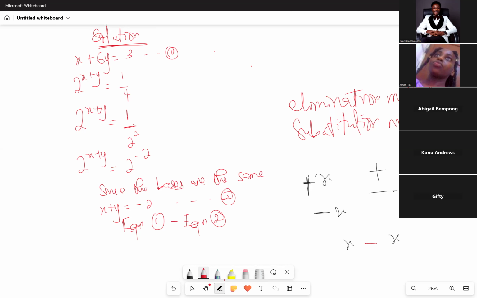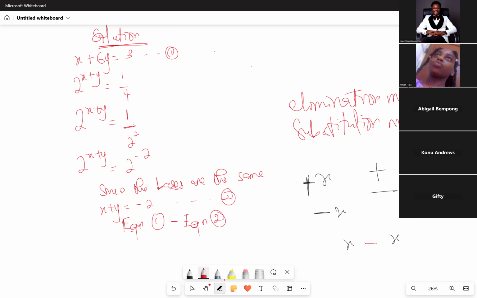We notice that the one that bears the same coefficient is x. To make it 0, subtract. So that's why you see subtraction here. And the subtractions too, I told you to do it in a wise manner. Well, you can do it anyhow, but if your algebra is not good, your integers, addition, subtraction is not good, you might make a mistake. That's why I recommend that you take the smaller one from the bigger one.